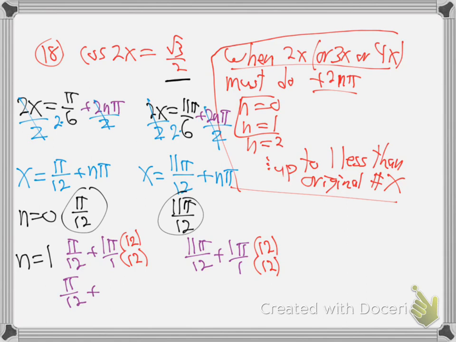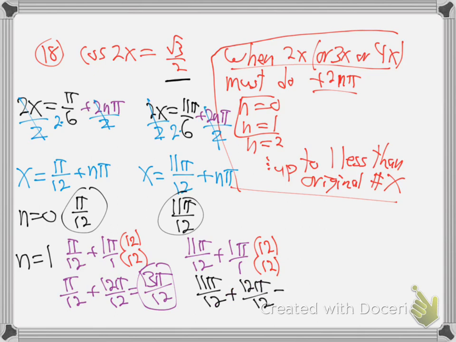Pi over 12 plus 12 pi over 12, 13 pi over 12. Over here, we get 11 pi over 12 plus 12 pi over 12, 23 pi over 12. There's our four answers. That making sense? Everybody see how we do that?